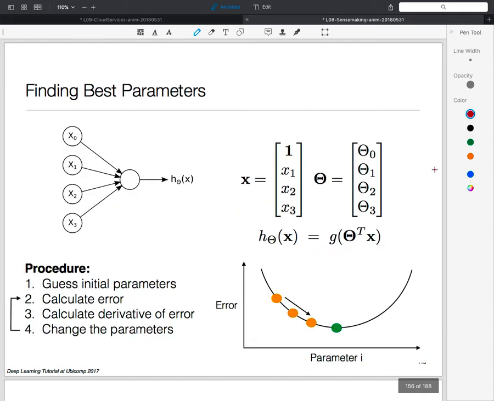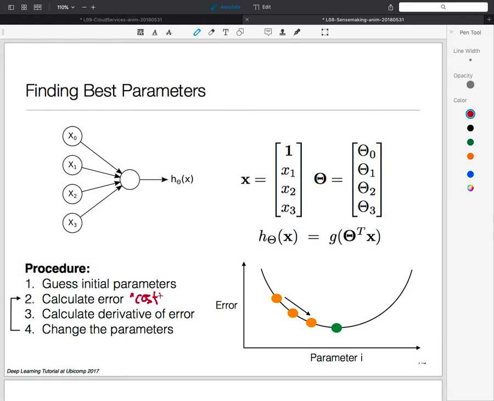Okay, so then the job of this model boils down to, like any other machine learning task, what are the parameters? In the case of SVM, the parameters were for those hyperplanes. Here, the parameters are all those weights. The approach is pretty much the same as in other machine learning methods: you guess the initial parameters, you calculate the error, namely the cost, so how far apart am I from the ground truth?